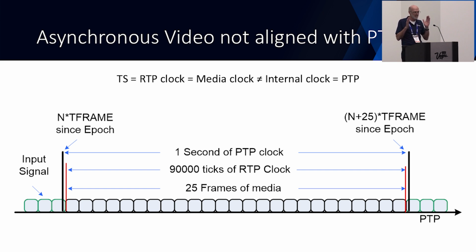But there isn't exactly 1 second of PTP time, right? The 1 second of PTP time is a little bit wider for my design here, okay? So IPMX uses all the same concept, but the RTP timestamp and the RTP clock is not aligned perfectly with PTP time. It'll drift. It'll depend on if my signal is synchronous or not.